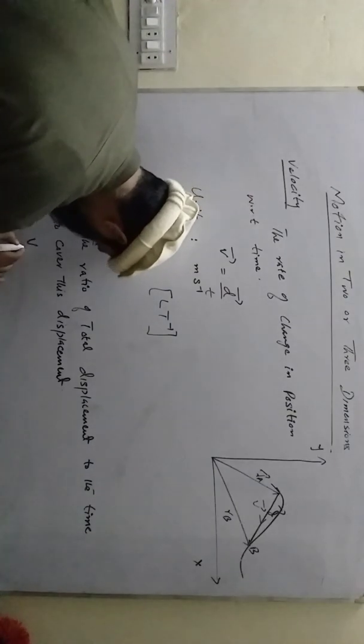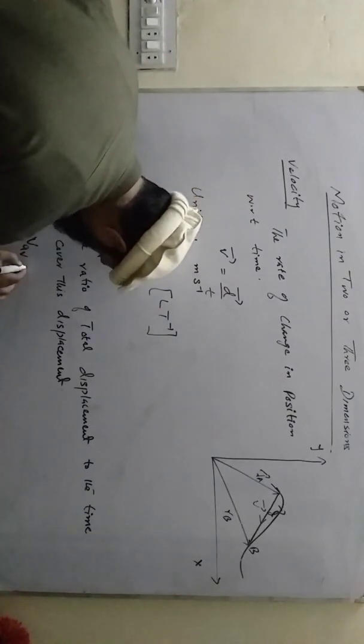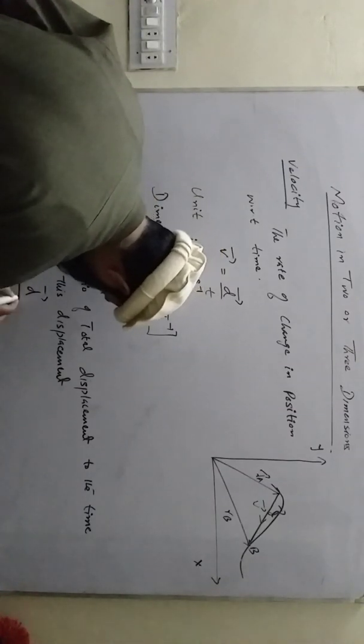It is represented by V average, that is equal to D by t.